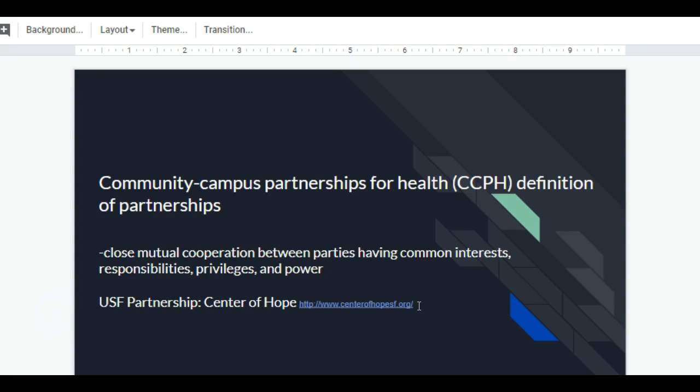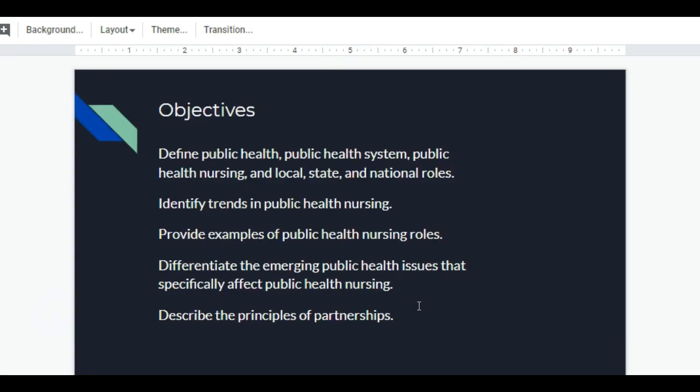So hopefully we are helping Center of Hope. At the same time, Center of Hope is helping us by allowing our students to spend time at this valuable agency. And we've had this relationship now for as long as I've been at USF, and I hope it continues. Excellent example of how nurses in community develop relationships.